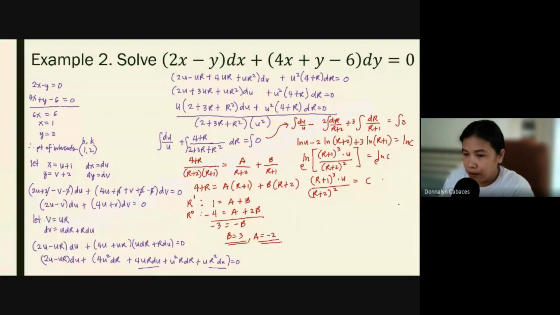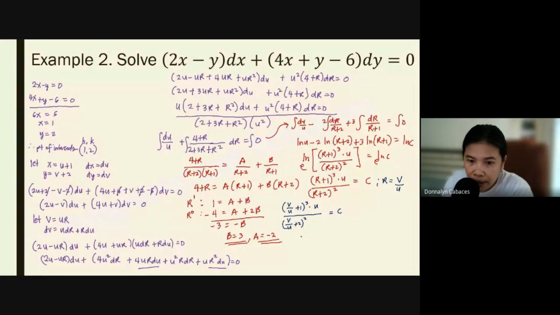Now, so here, again, r is equal to v over u. v over u plus 1 cube times u, right? Okay, times u. And then this is v over u plus 2 square is equal to c.